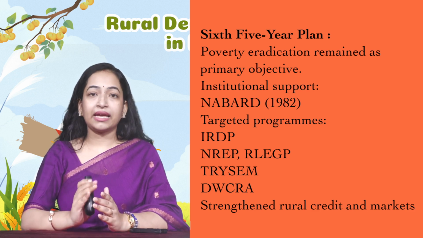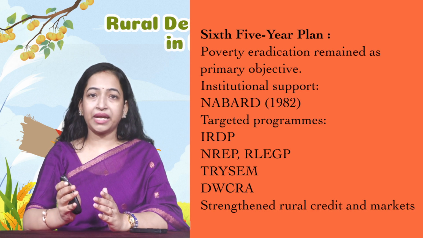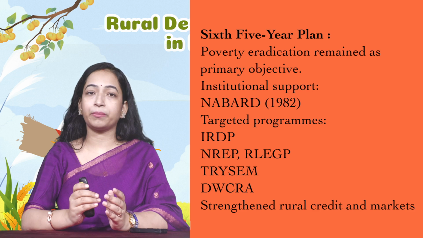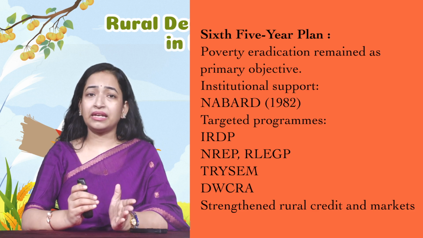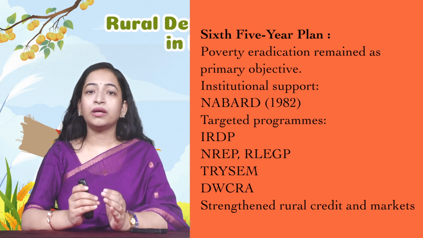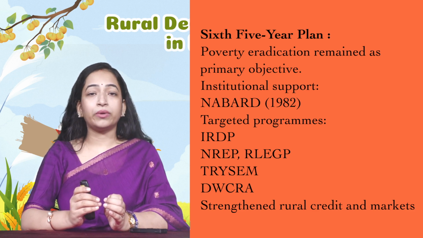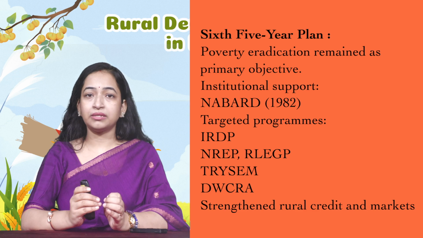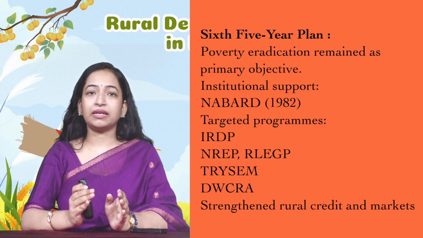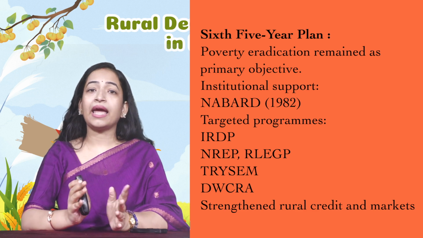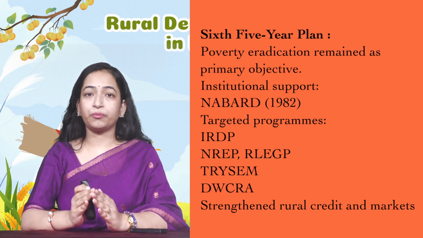And to directly address poverty, the plan placed strong emphasis on targeted programs such as the National Rural Employment Program, the Rural Landless Employment Guarantee Program, launched in August 1983, and training of rural youth for self-employment. These were some of the programs, along with development of women and children in rural areas, and the integrated rural development programs.